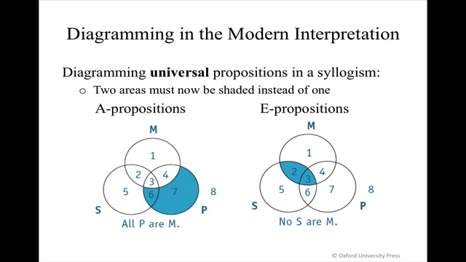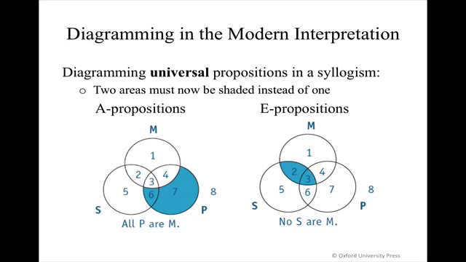So here is a case in which we have a universal affirmative in which in the sort of imagined syllogism, we have the major premise, all P are M. How do we know it's the major premise? Because the major premise includes the major term. The major term is the predicate of the conclusion and is symbolized with capital P. So to say all P are M means we shade areas 6 and 7.